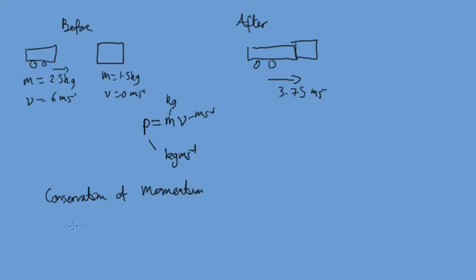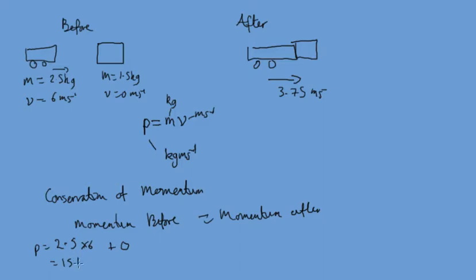So the momentum before equals the momentum after. In this situation, the momentum before is 2.5 times 6 plus 0, because the block is not moving, so there's 0 momentum, which gives us a before momentum of 15 kilogram meters per second.